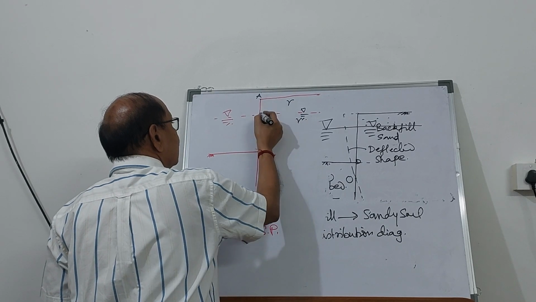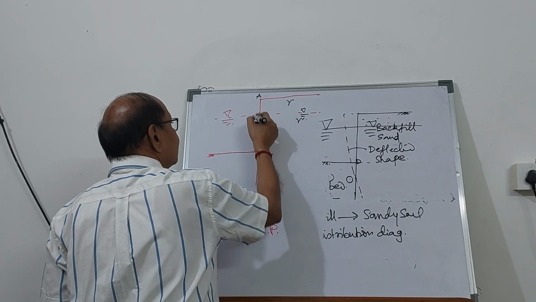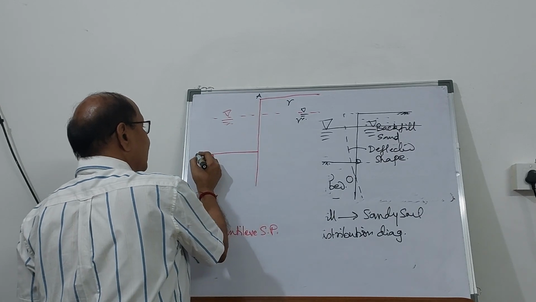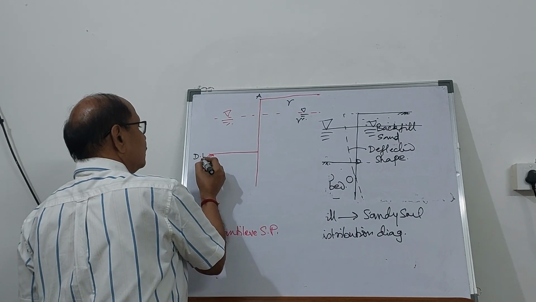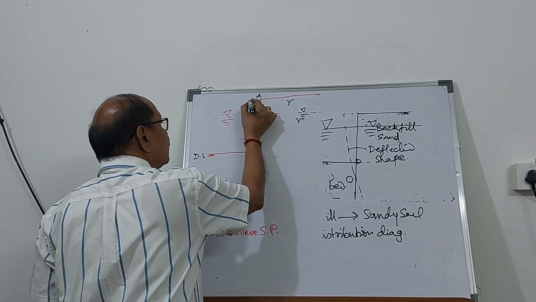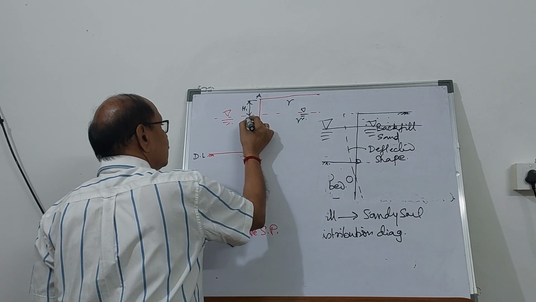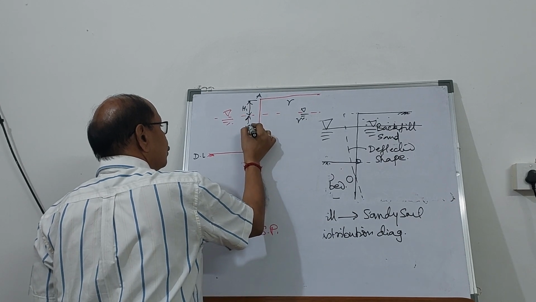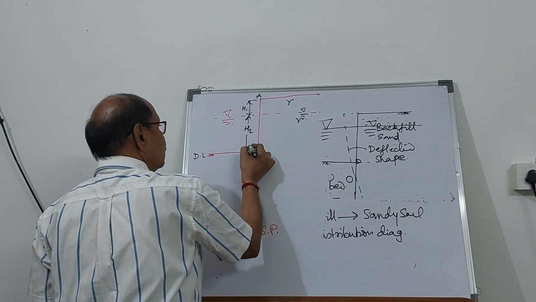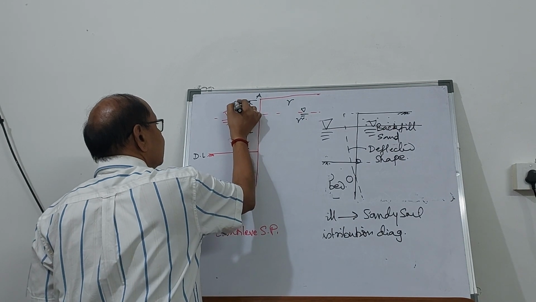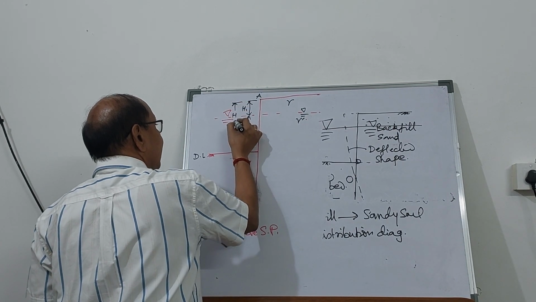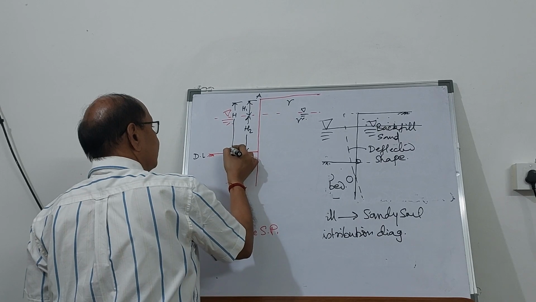Therefore, say the total height of the sheet pile above the dredge line is going to be h. Let's say this is h1 and this height is h2. Naturally, the total height is going to be h1 plus h2.